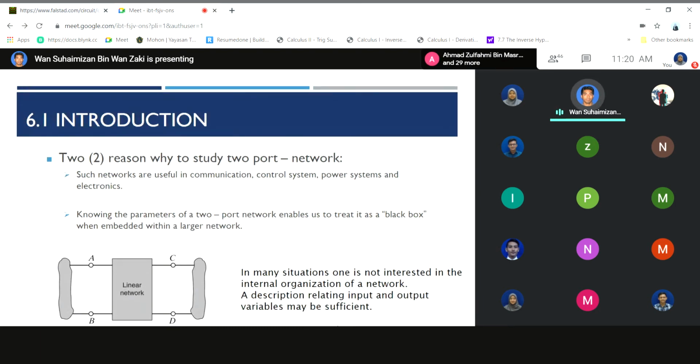So in order to model the network, we will cover the two-port theorem. That's why a description relating input and output variables may be sufficient.